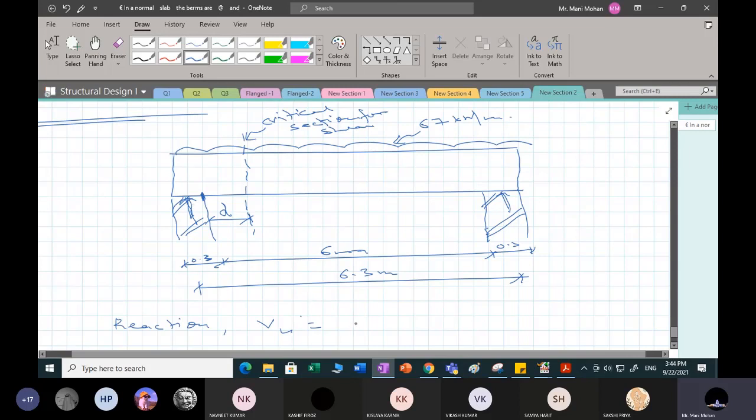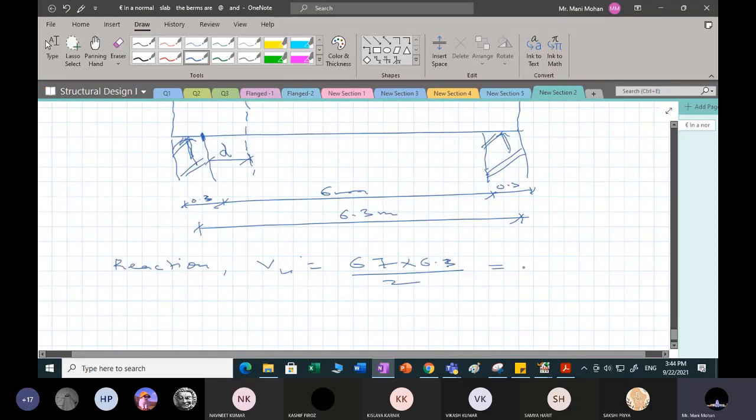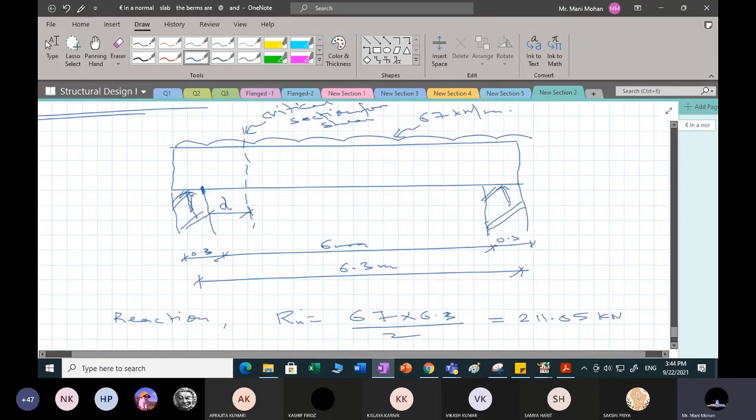So Vu will be W into L by 2, that is 67 into 6.3 divided by 2. How much is this reaction? 211.05. Okay, let me not write Vu. Let me write this as reaction, okay, ultimate reaction, 211.05 kilonewton. So this is the reaction exactly at the mid support.